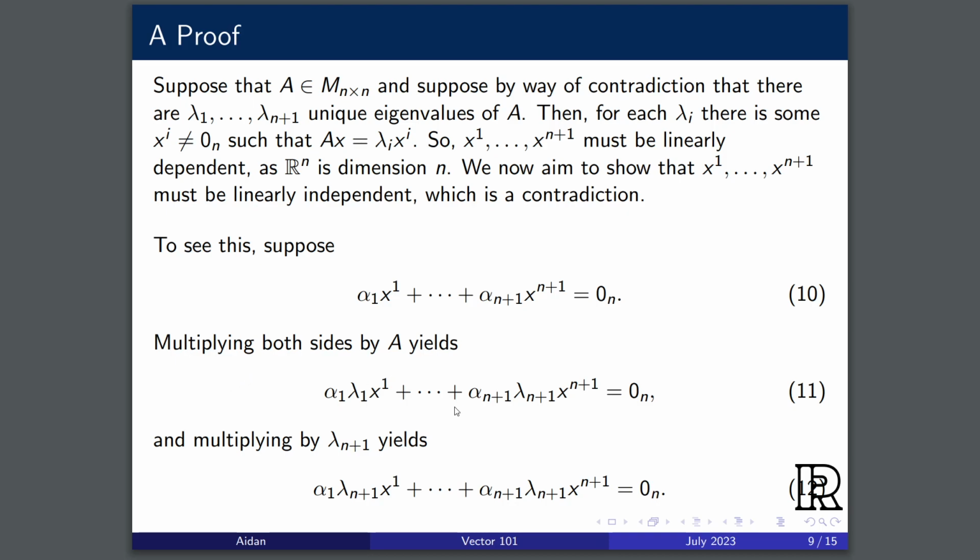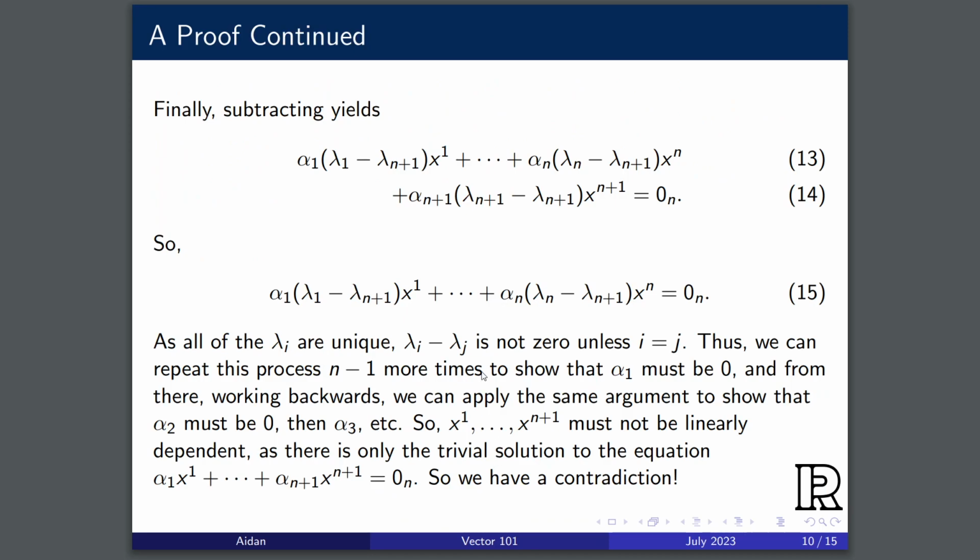But we can also multiply both sides of the equation by lambda n plus 1, and that gives us a different sum. These two are different sums, but they both equal the same thing, so we can subtract them, which yields this equation here. I had to break it up into 2 lines because it was overflowing.